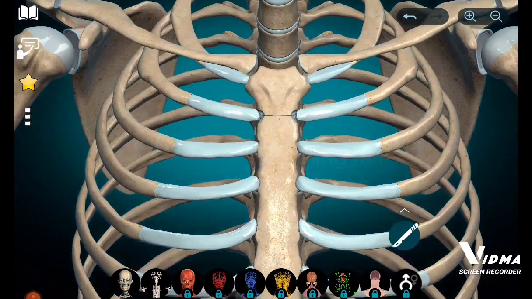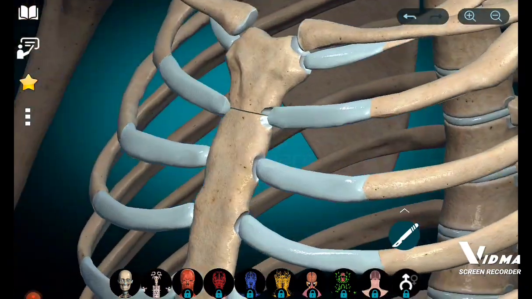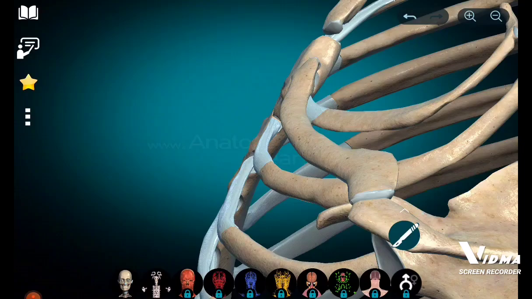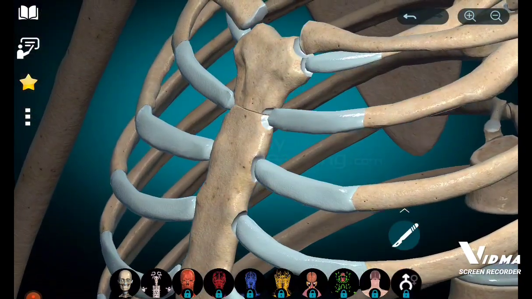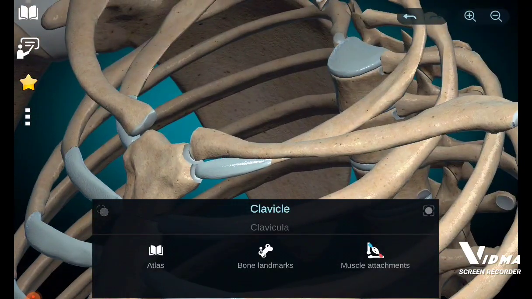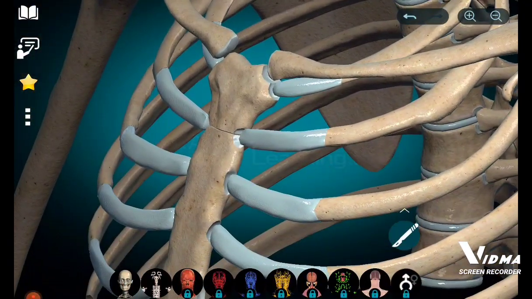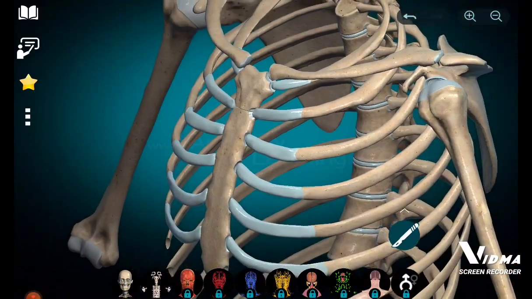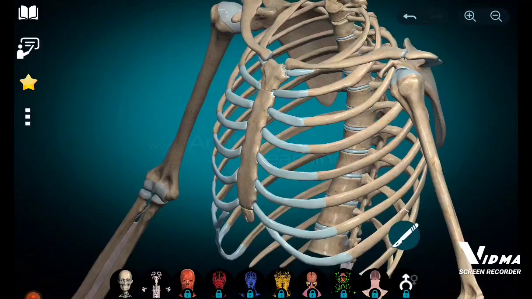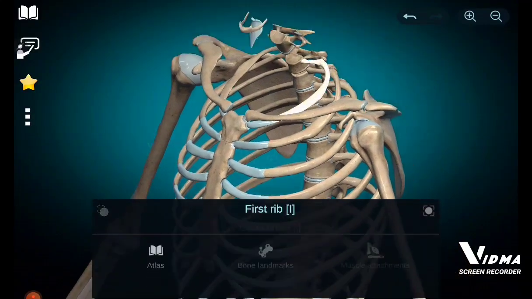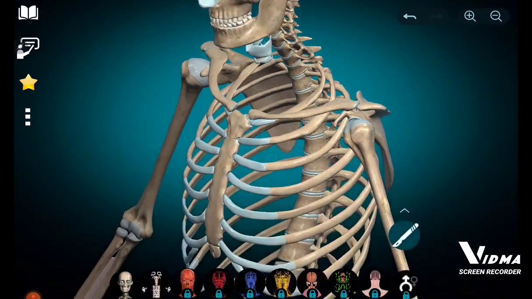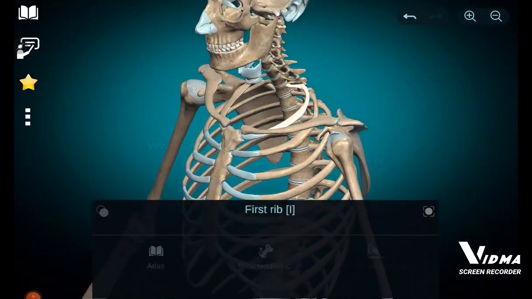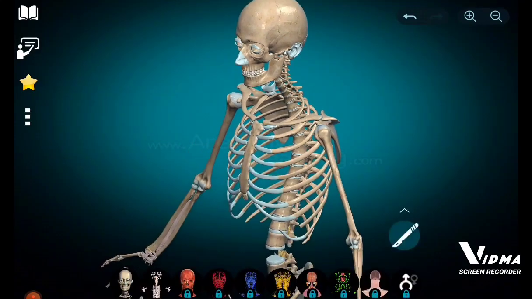See the first 7 pairs. So this is the collarbone, the clavicle, which is not included in the ribs. Remaining, you can see the first pair of true ribs, and then the second pair.